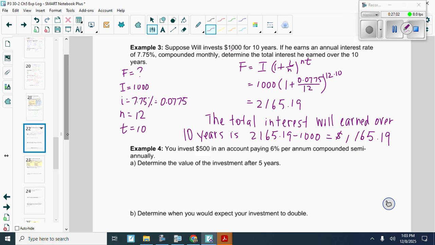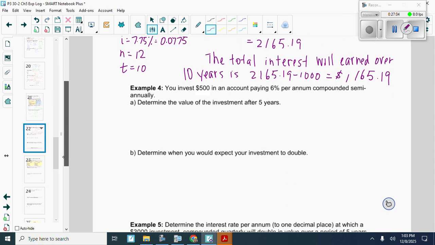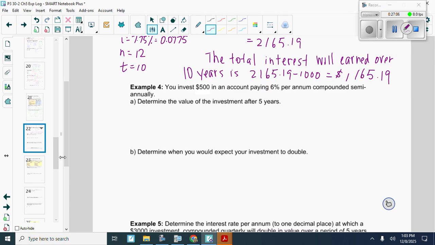Okay, so example 4 is we're getting to the ones that now ask us when we would expect our money to double. You invest $500 in an account paying 6% compounded semi-annually. Determine the value of the investment after 5 years. So we're trying to figure out the final amount.